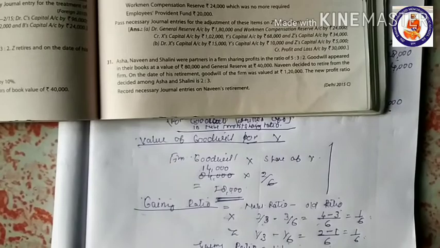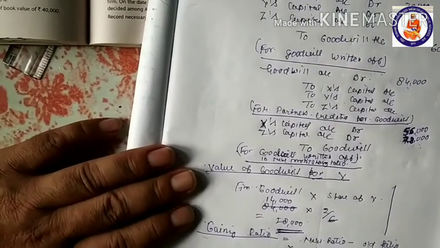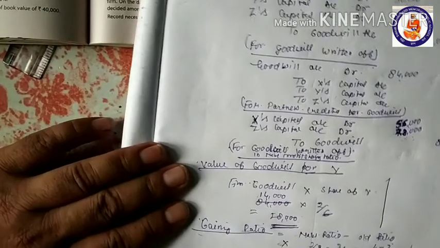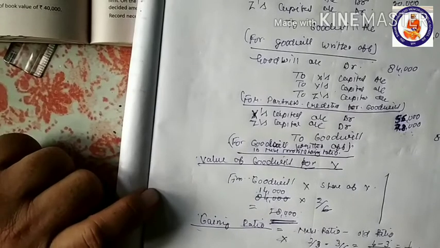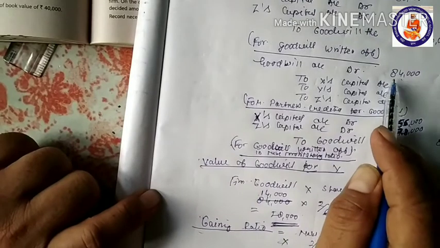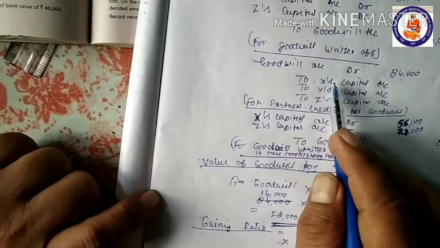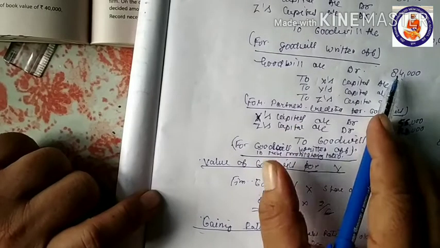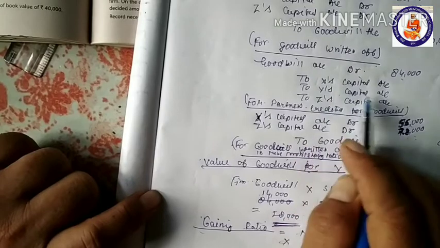Now we can do this in another way also, in which only the goodwill account is opened in the books with the value of the retiring partner's share. So here, goodwill account would have been opened with 28,000, and this 28,000 would have been credited in the account of the retiring partner Y's capital.